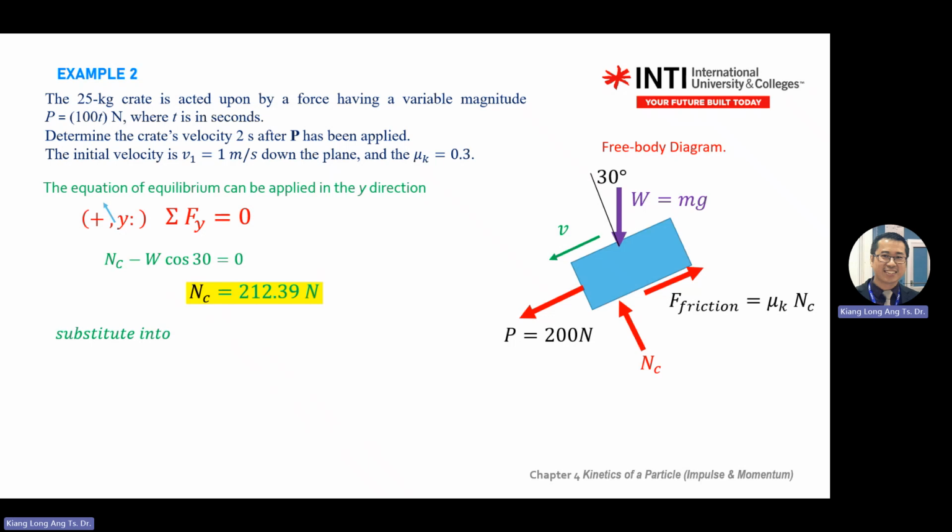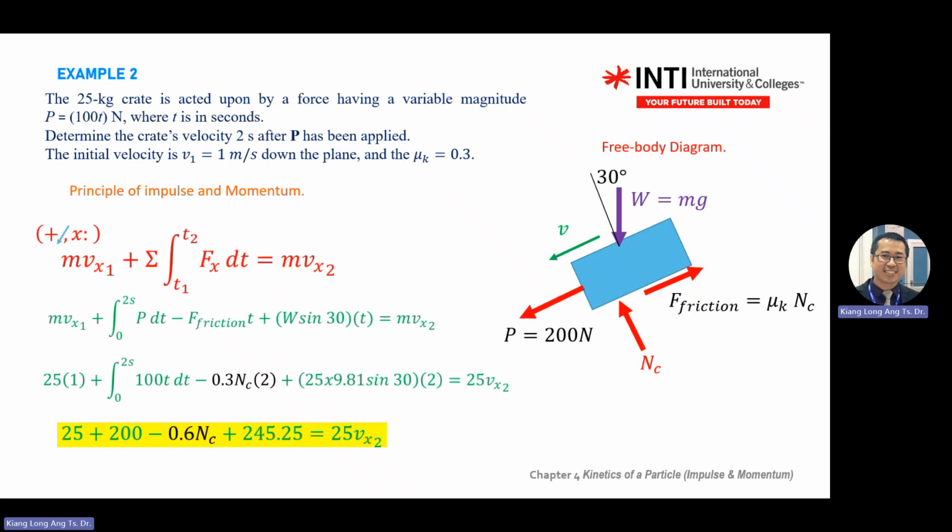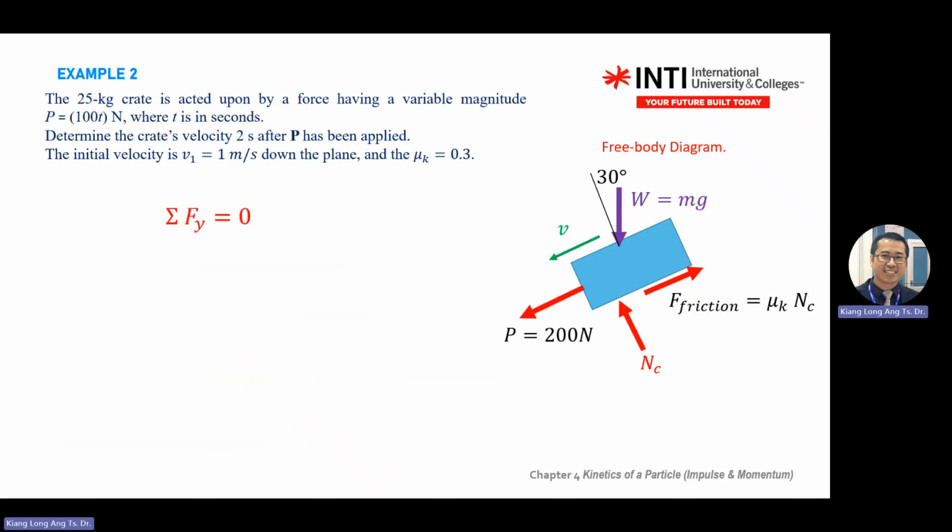Statics is equilibrium, but here F equals ma with a equal to 0 because the object does not fly up. Your acceleration in the y direction is 0. NC minus W cos 30 equals 0. You get your NC. You can use this equation if you want by changing the y, and you can still get NC.